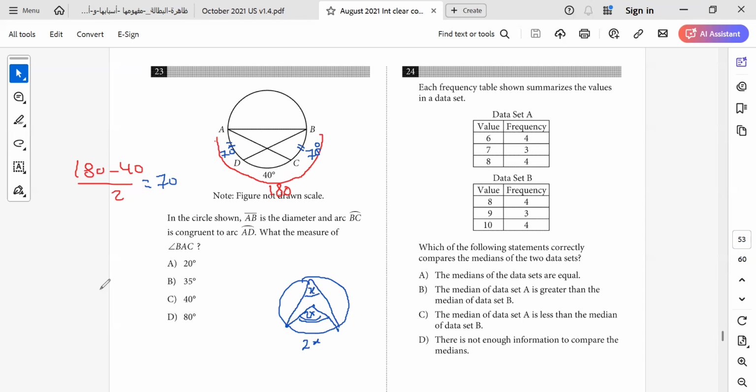If I have a circle and this central angle is 70, the measure of the arc is 70, but the inscribed angle will be half, 35. This is double, and they are the same here. So I have the 70, so angle BAC is 35, half.